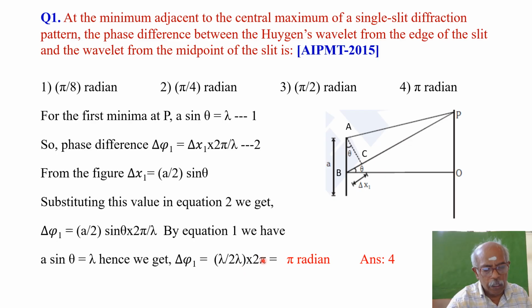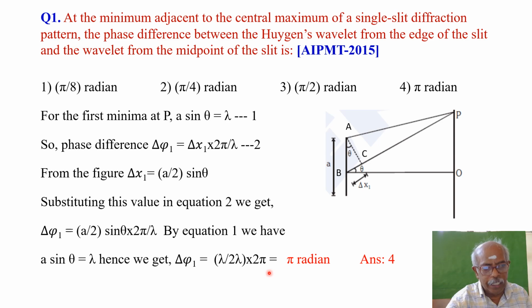So this lambda and 2 pi are in the numerator, and the 2 and lambda are in the denominator. So you have a 2 in the numerator and a 2 in the denominator, they get cancelled. One lambda in the numerator, one lambda in the denominator, it is also cancelled.